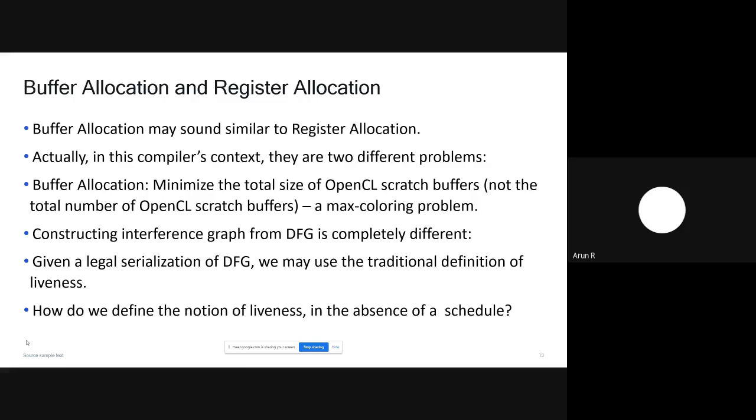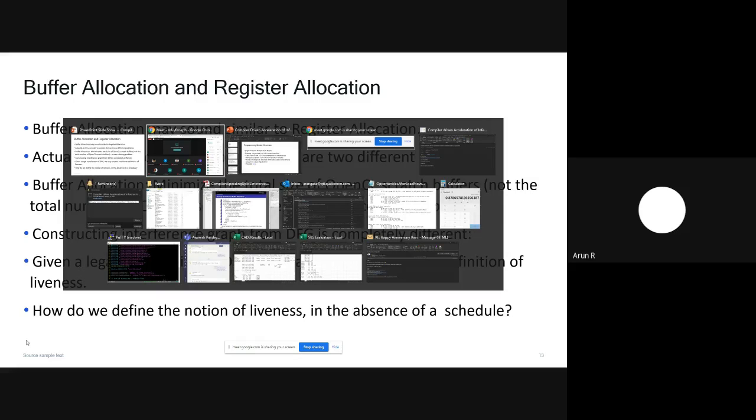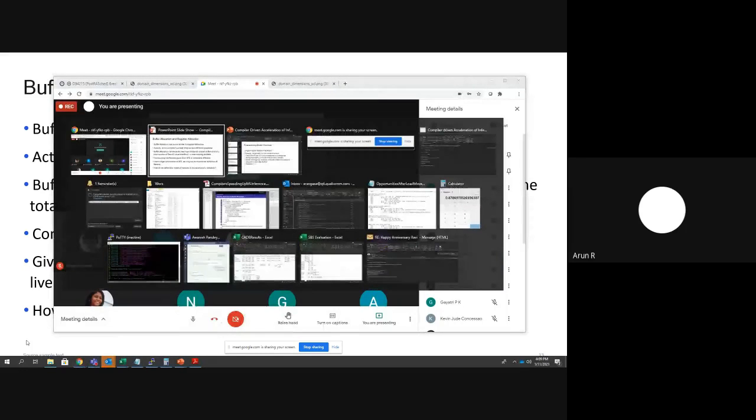Because it will be a serial program, so we can define liveness in the traditional way. But how do we define the notion of liveness in the absence of a schedule? So let me draw something on the board.